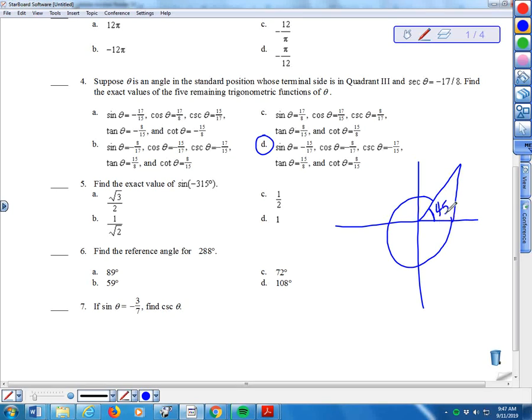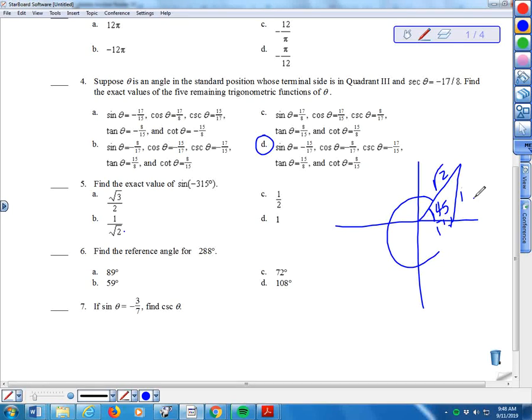Okay, so I know that this is square root of 2 over 2 for x and y. And I'm trying to find sine. So that's this, because it hasn't been rationalized. But if I were to draw this triangle, it would be 1, 1, square root of 2 if I didn't do it in the unit circle. Sine is 1 over the square root of 2.